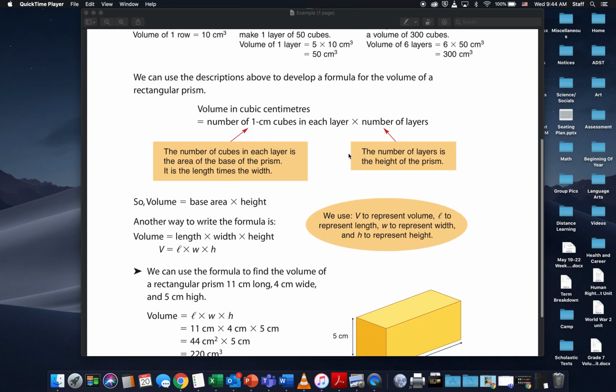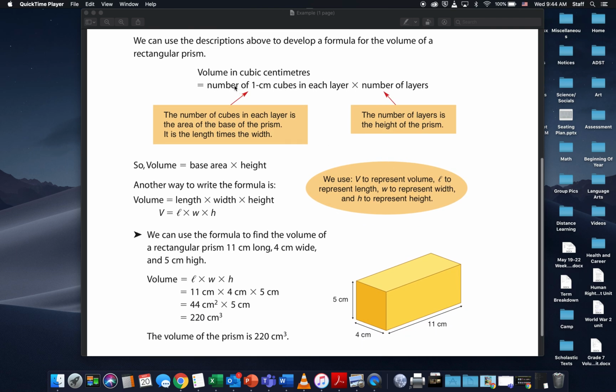Okay, so just scrolling down here, here is our formula for finding volume. So we can use the description above to develop a formula for the volume of the rectangular prism. So what we do is to find the volume in cubic centimeters, we take the number of 1 centimeter cubes in each layer, so basically the area of one layer, and we do width times length to find that, and we times it by the number of layers.